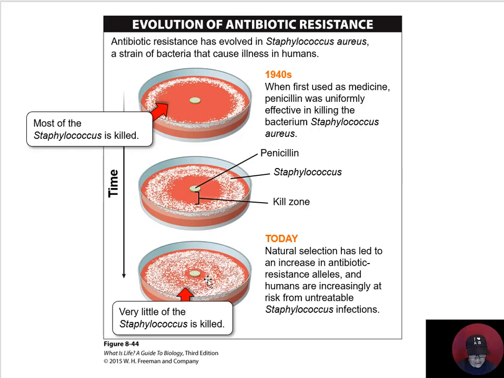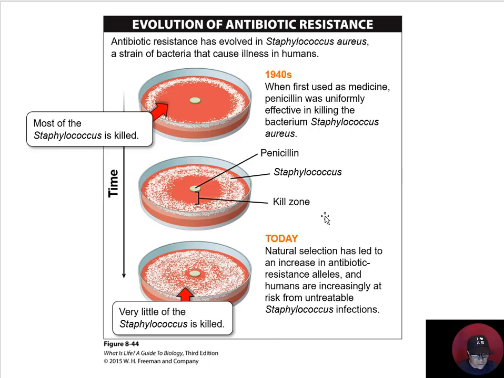And as we can see, there is no kill zone. So very little of the staph is killed. Penicillin does not work. And now we have, you probably have heard of it, it's called MRSA, which stands for methicillin-resistant Staphylococcus aureus, which means it's a staph that we don't have antibiotics to kill.